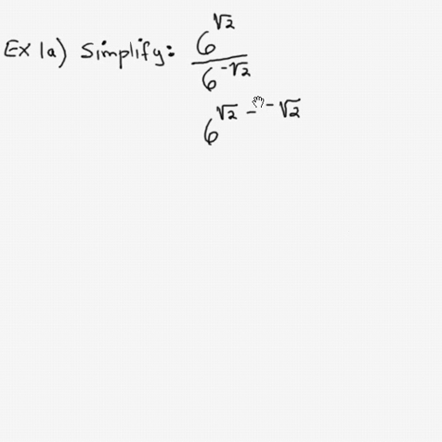So the property says if you are dividing and the bases are the same, keep the base and subtract the exponents, numerator minus denominator. So that's 6 to the square root of 2 minus negative the square root of 2 power. Don't forget, subtracting a negative is adding a positive. So this is the square root of 2 plus the square root of 2. That tells me I've got 6 to the 2 square roots of 2 power.